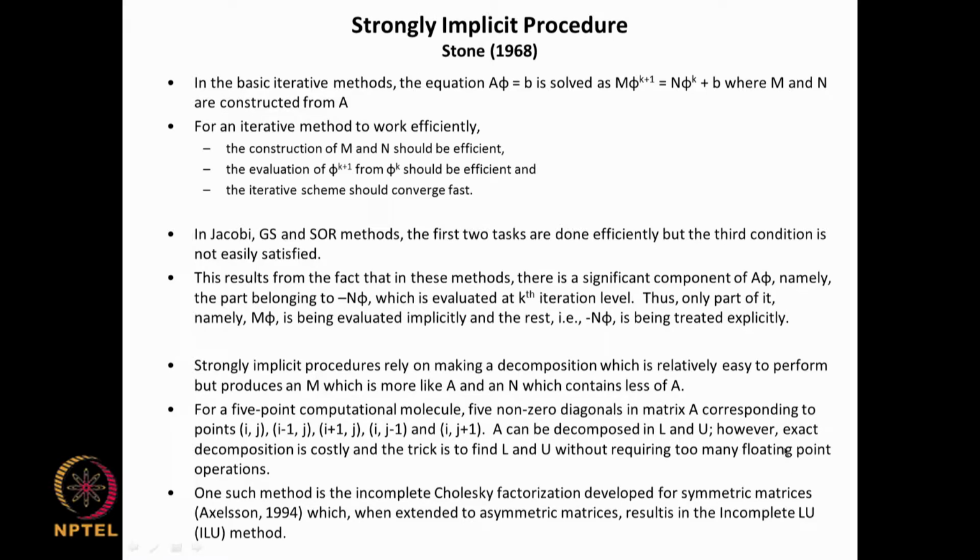So the idea is to find a decomposition of L and U which is very close to the true solution, and whatever is there in LU will go into M, whatever is the rest goes into N, which is explicit. So if you can make an approximate LU decomposition, then we can possibly put more of A into M and leave less for N phi.